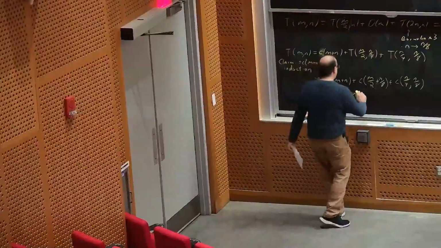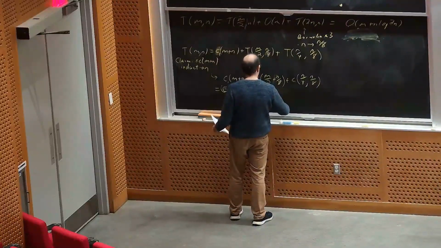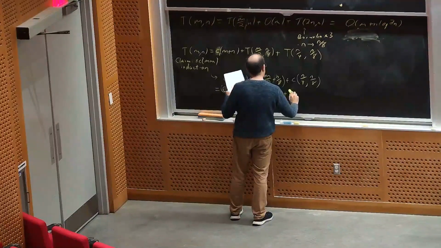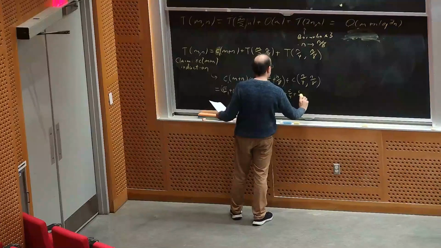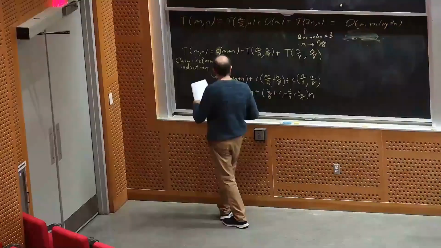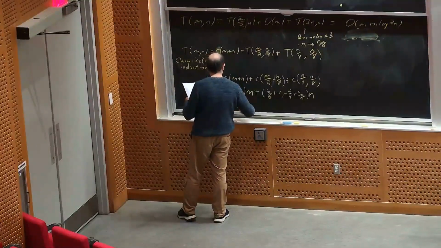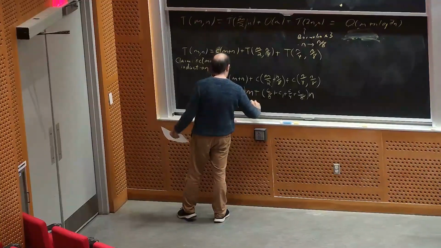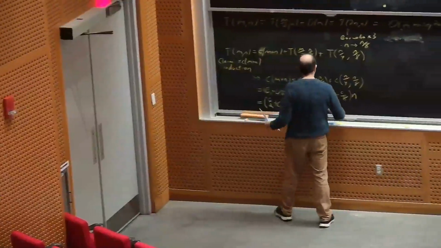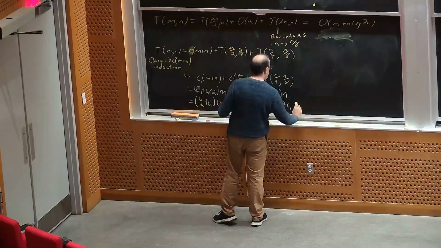And I can similarly gather up my n terms, and that's going to be C over 8 plus C1 plus C over 4 plus C over 8 times n, which all together is equal to C over 2 plus C1 times m plus n. So I can just set C equal to C1, and I'm done.